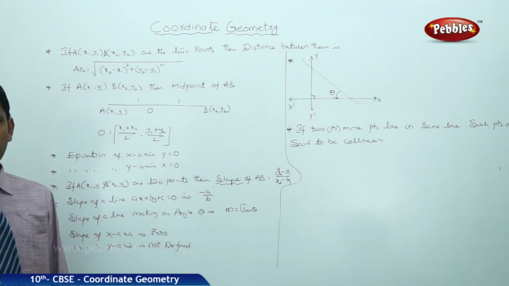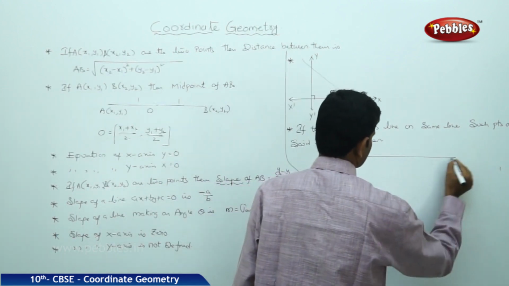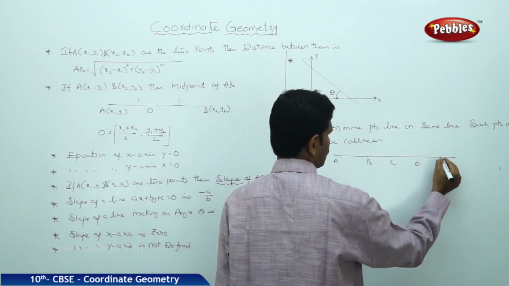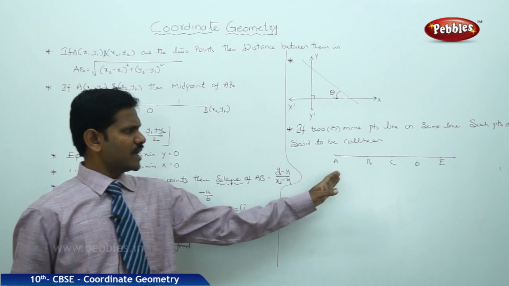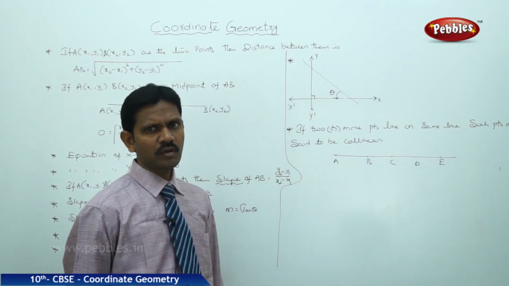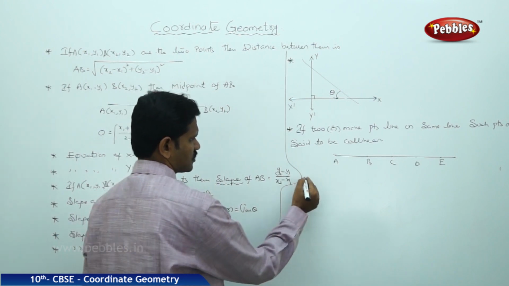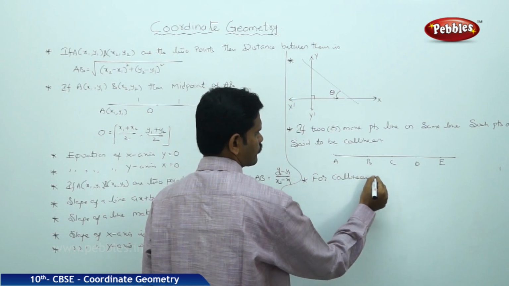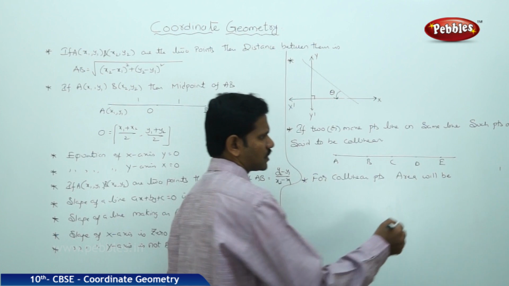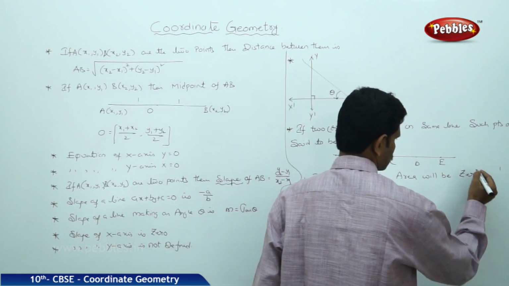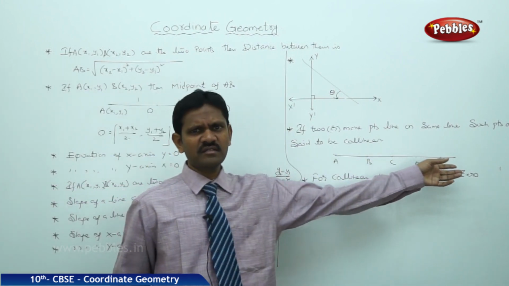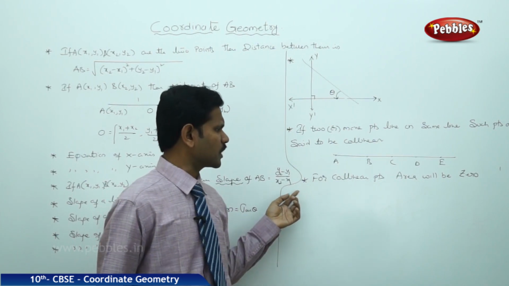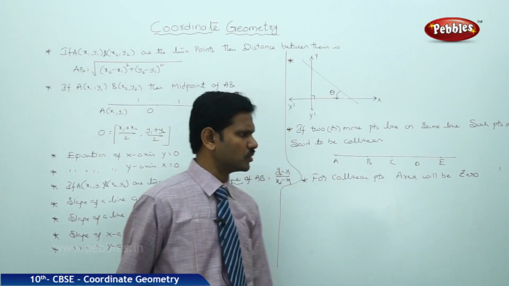For example, on one straight line, some points are there: A, B, C, D, E. Now A, B, C, D, E are said to be collinear to each other. For collinear points, the area will be 0. All these points lie on the straight line, so these points cannot occupy a certain region. Therefore, for collinear points, the area will be 0.